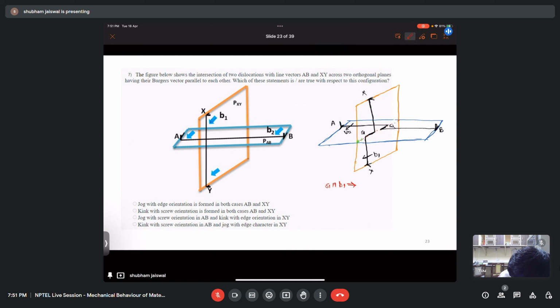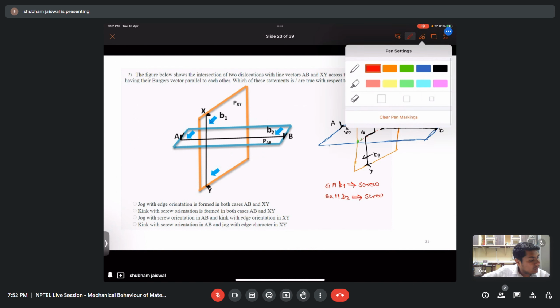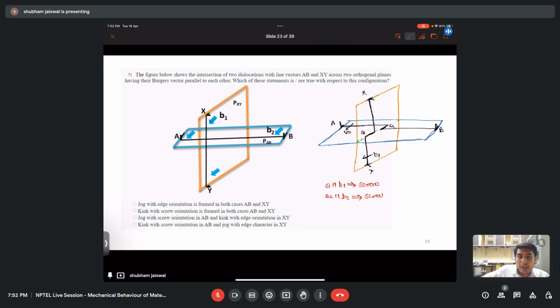It means it has a screw character. And S2 is parallel to B2. It means it also has a screw character. And as these steps are not changing the glide plane, these are nothing but the kinks. So both are kinks. So the steps formed in this one will be the kinks with the screw character.